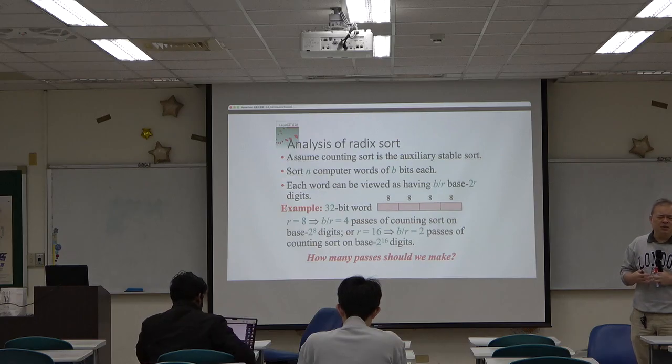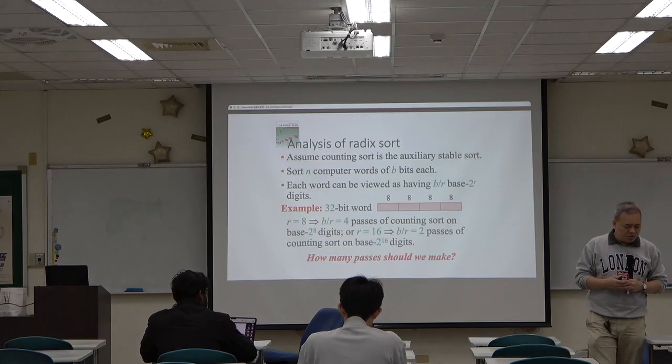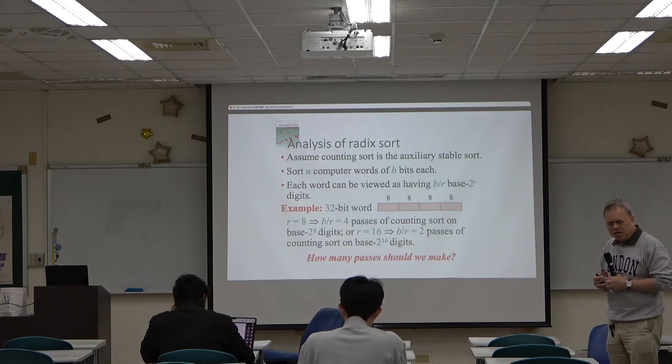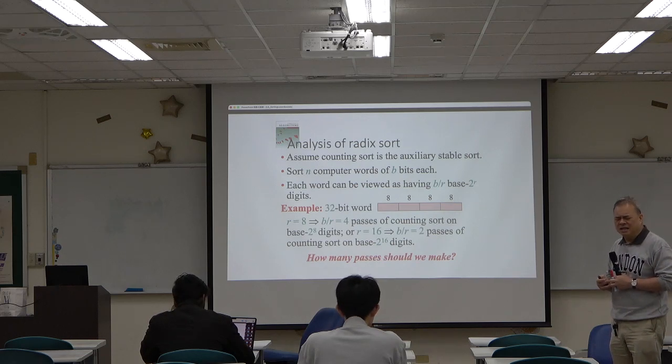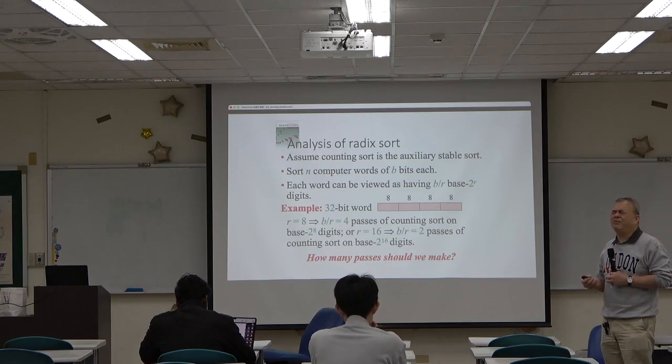You could use the merge sort, you could use the bubble sort, whatever sorting algorithm you prefer, as long as it's a stable sort. It works with the radix sort. But if you care about the complexity, obviously, counting sort is the best.